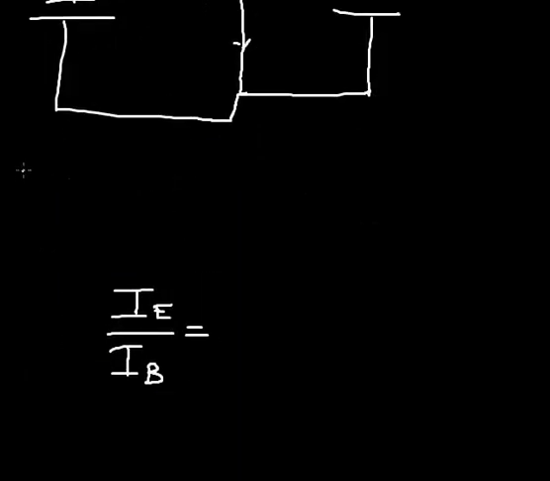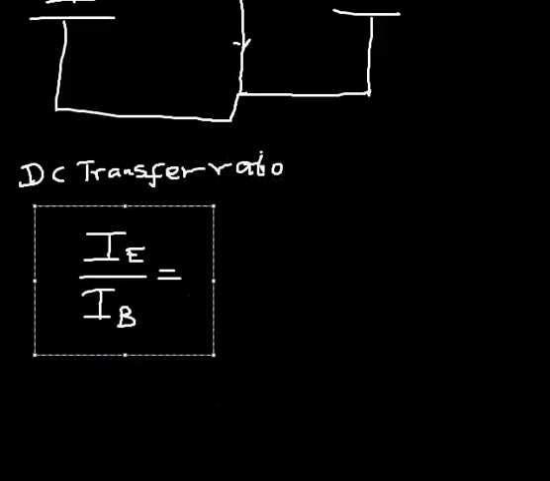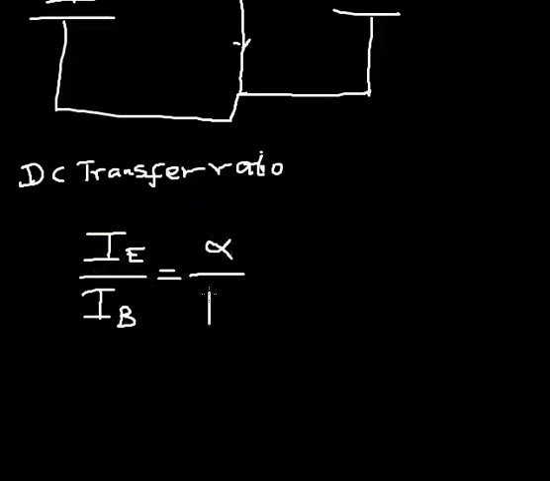So I'm looking at the DC transfer ratio of CC. Now remember very well what we did before. We said that IE divided by IB is alpha over beta. We've done this before.